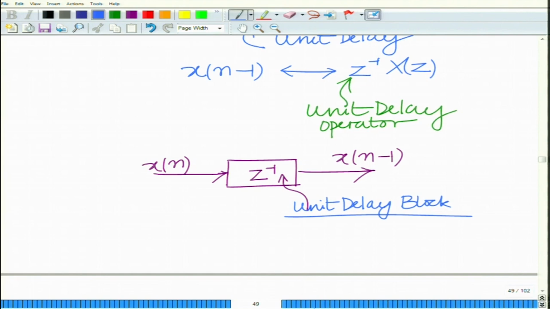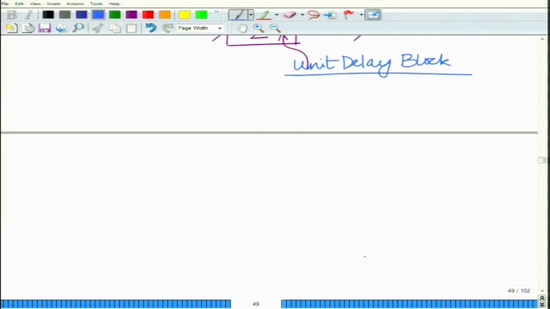that is your time reversal. Okay, so let us look at the time reversal.